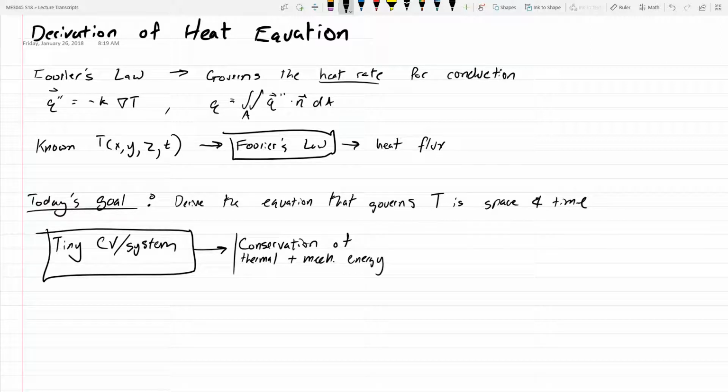This is one of those versions of the first law that we spent time covering in chapter 1. We'll throw in what we know about the way heat flux occurs with Fourier's law.